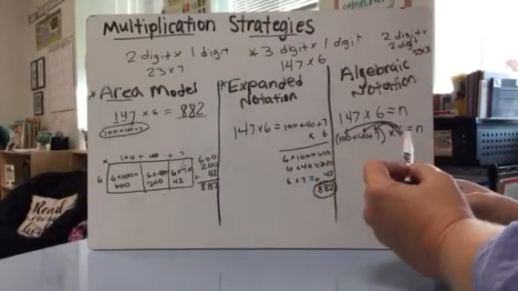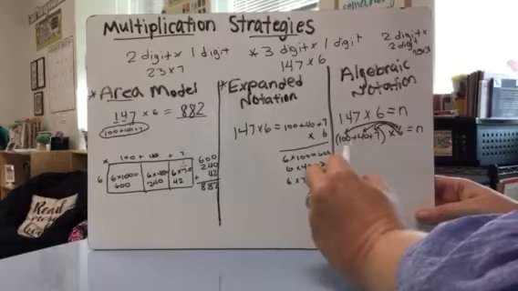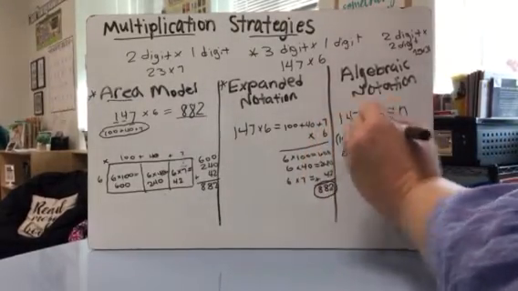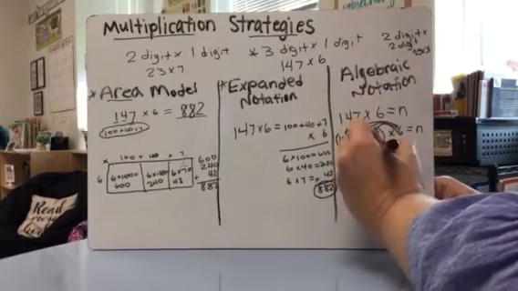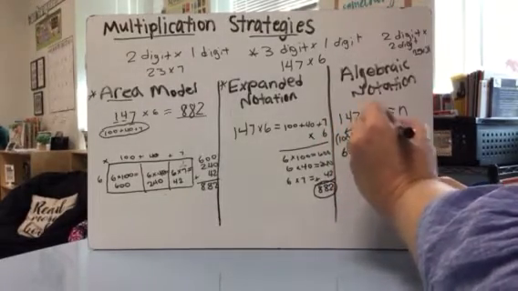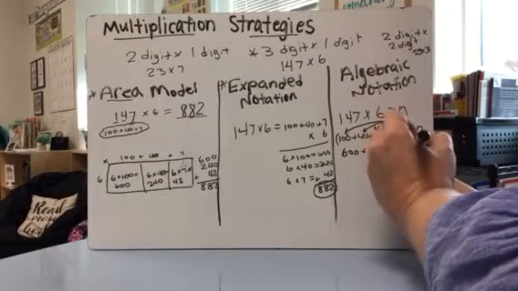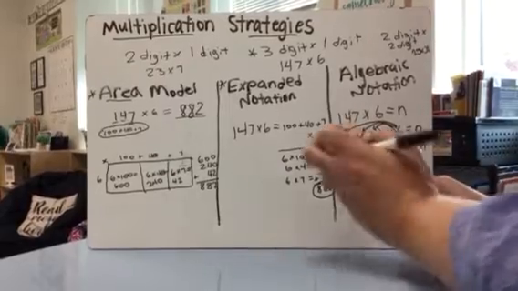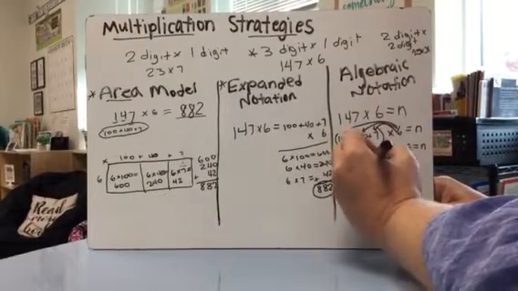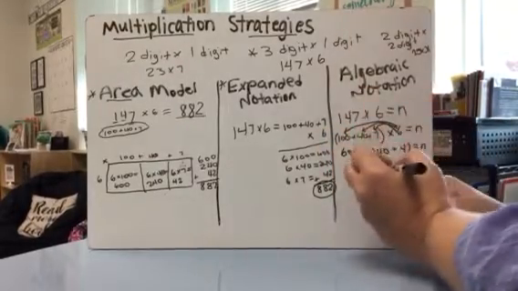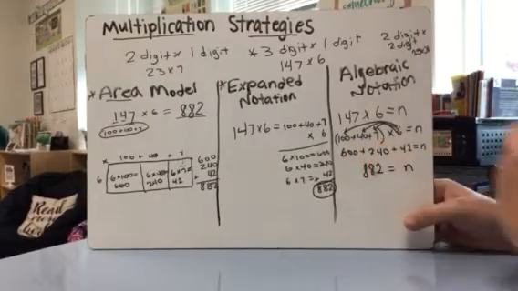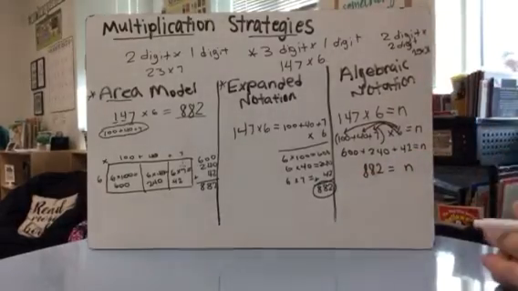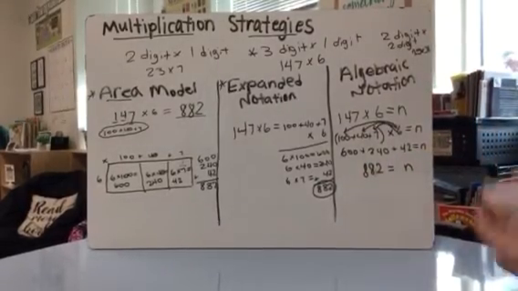So the students would show that now 6 times 100 is 600, plus 6 times 40 is 240, plus 6 times 7 is 42 equals n, and then they could rewrite it vertically if they needed to, equals n. So this is just showing it in that much more algebraic way.